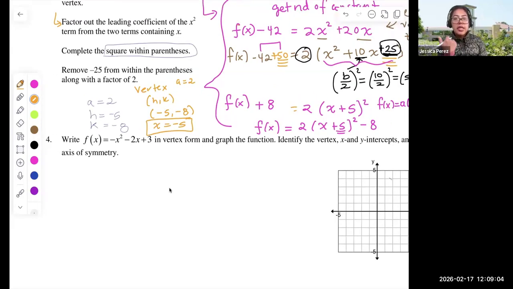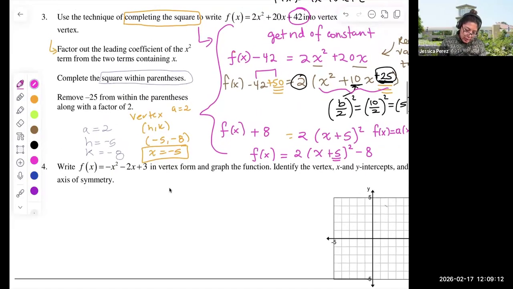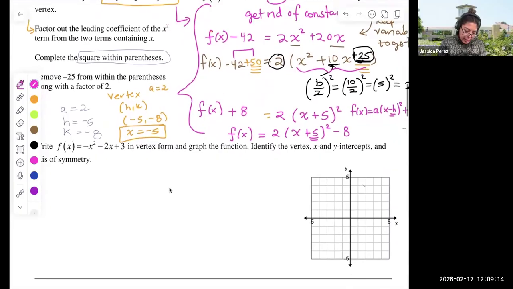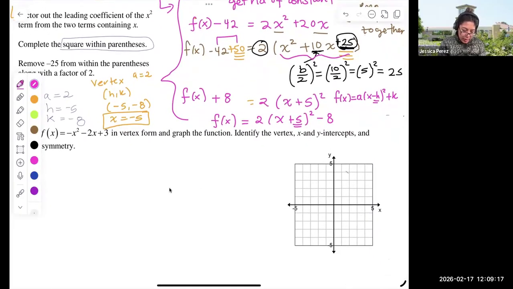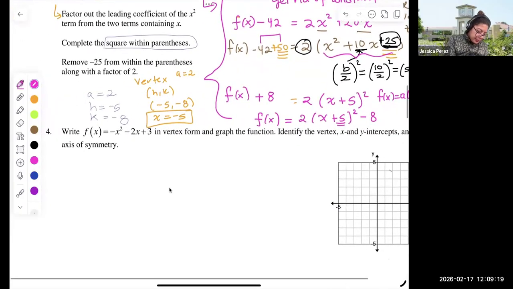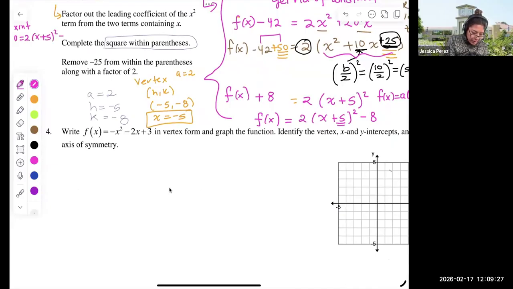So we identified the vertex, and then we have to identify the x-intercepts and y-intercepts. So let's go ahead and do that. For the x-intercepts, we have 0 equals 2 parentheses x plus 5 squared minus 8. I bring the 8 over by adding 8, so 8 equals 2 times x plus 5 squared.